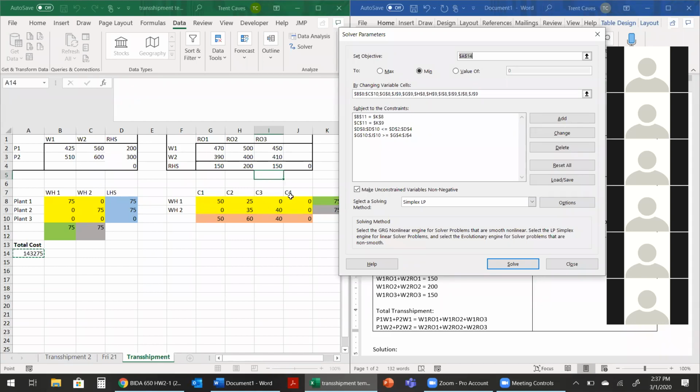Our total demand has to be based on our retail outlet demands.